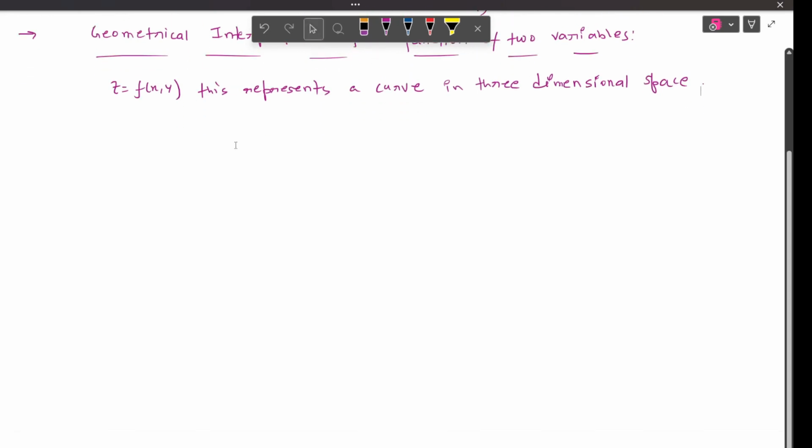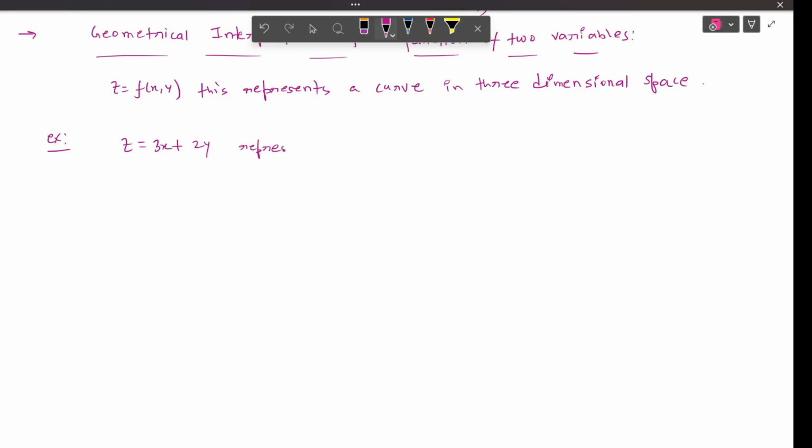Let us take one example. If we have a function z which is defined as 3x plus 2y, this function represents a plane.